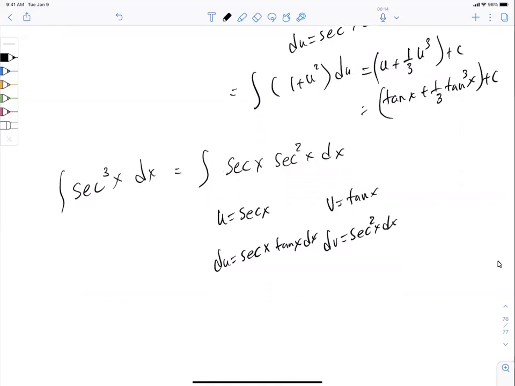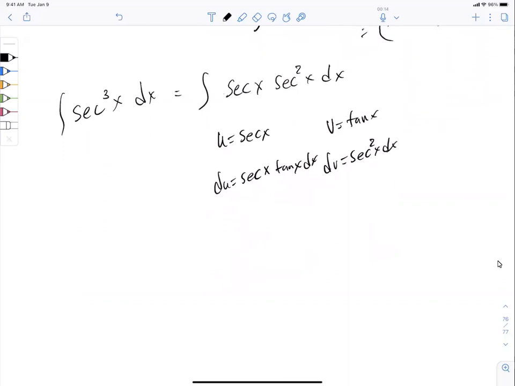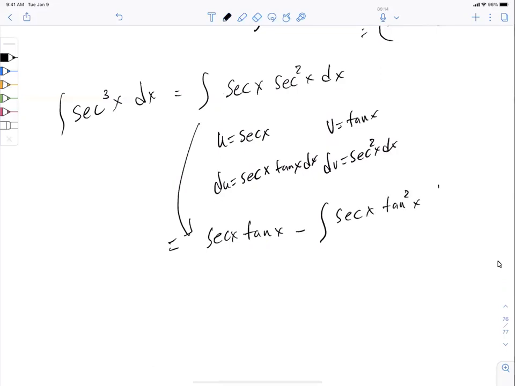Okay, so now my integral becomes secant x tangent x minus the integral of secant x tan squared x dx.